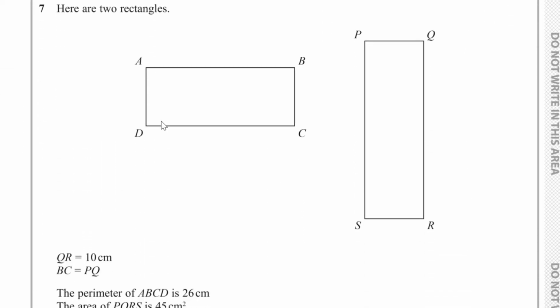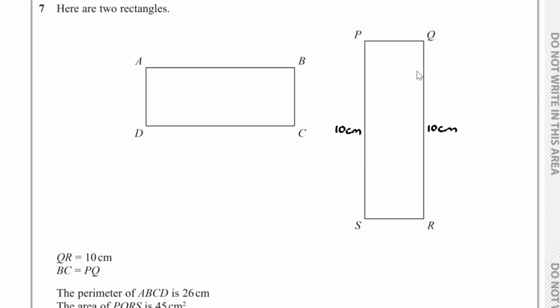For question 7, we've got two rectangles over here. QR is equal to 10 centimeters. Let's add this to the diagram. So we've got 10 centimeters here, and therefore because we've got a rectangle, the length PS will also be 10 centimeters. We know that BC is equal to PQ.